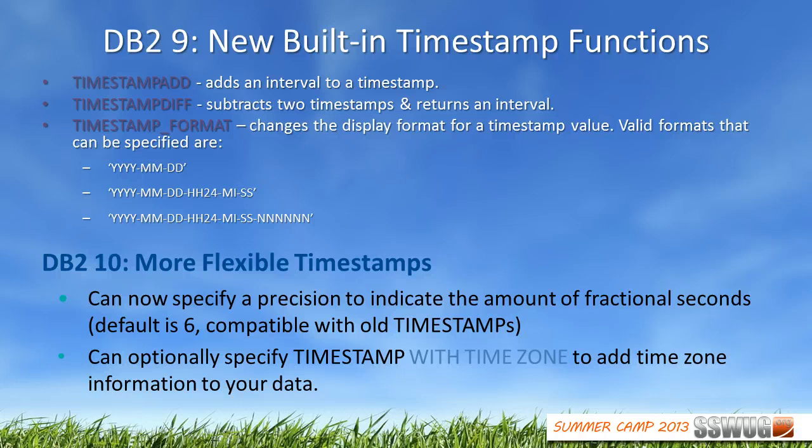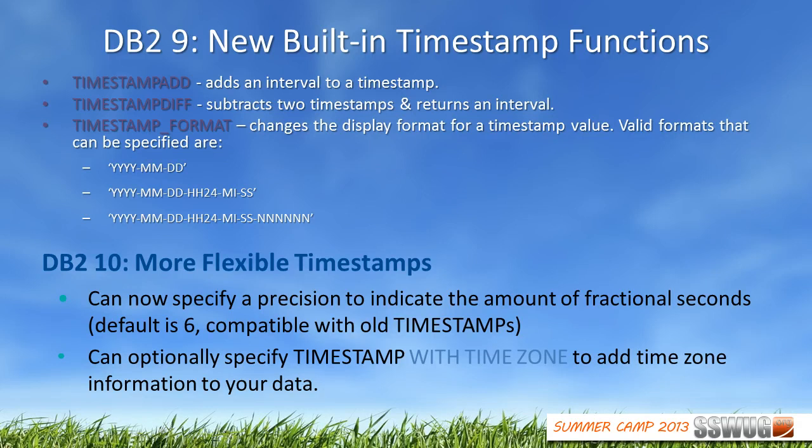Recently, DB2 9 added additional functions for timestamps where you can more easily add intervals to a timestamp or subtract 2 timestamps to return an interval, and more formatting options for the timestamp came in version 9. Not a slew of them, but more than were there before. You only had the one option that was set at install time.